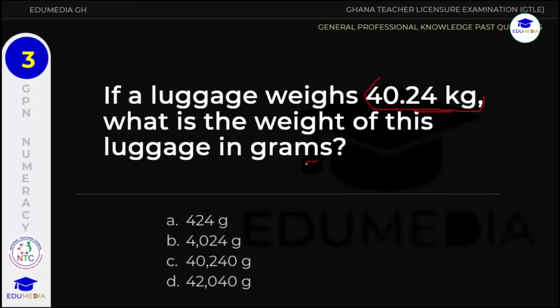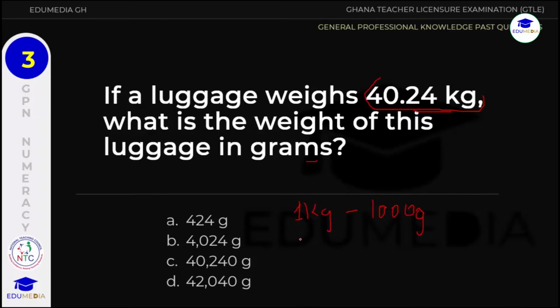So the key to solving this particular one is for us to know the conversion. How many kilograms can give us a gram, or how many grams can give us a kilogram? So we know that 1 kilogram is equivalent to 1,000 grams.